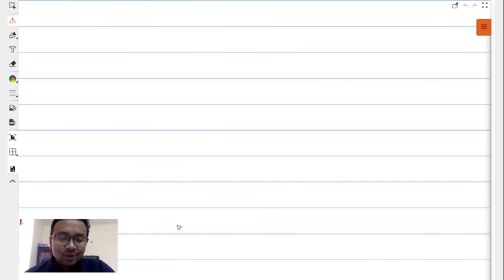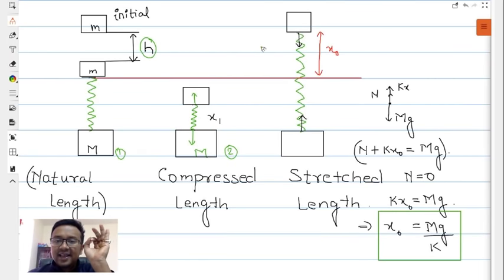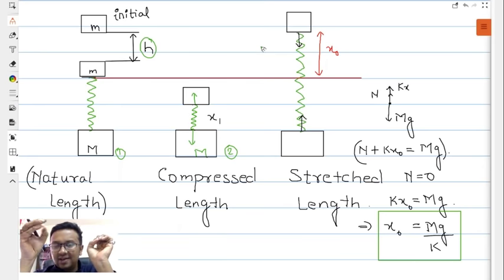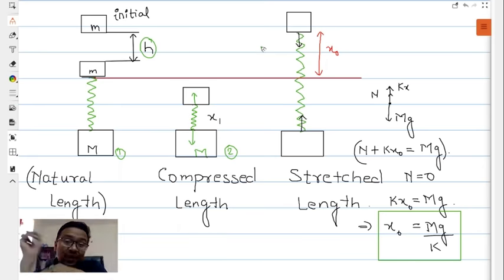Okay, so students, here I have to define the initial and final stages. Because for the change in potential energy or change in kinetic energy, I should know what the initial and what the final is, right?